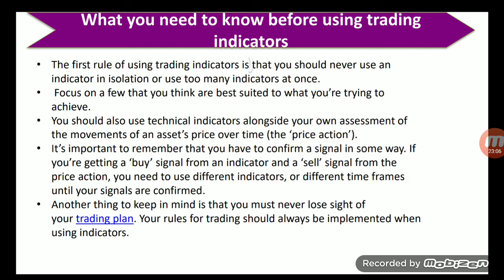This means if one technical indicator is giving you a buy signal, and one indicator shows you a sell signal, then you need to use different indicators or different time frames to confirm your signals.